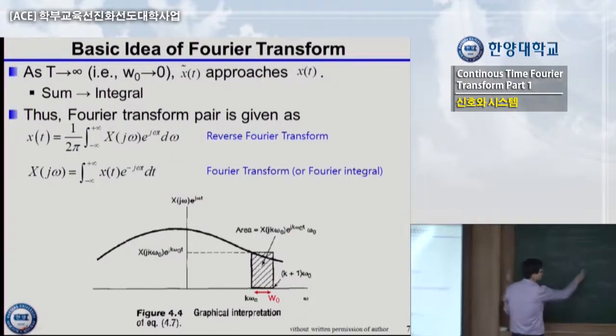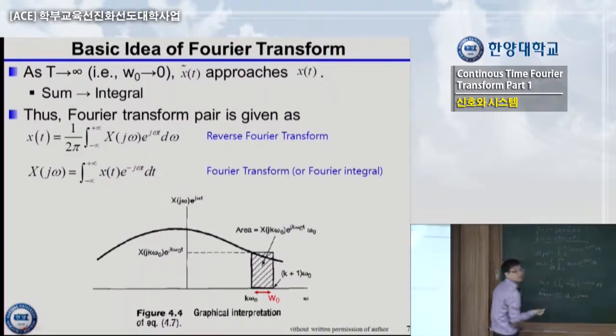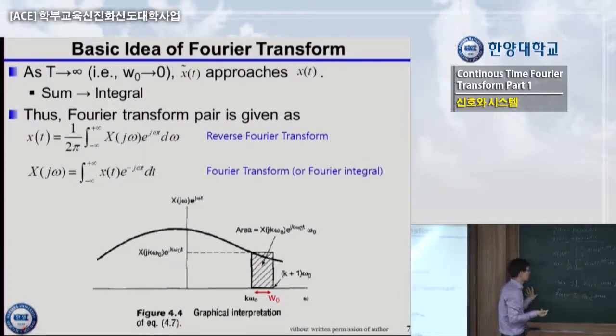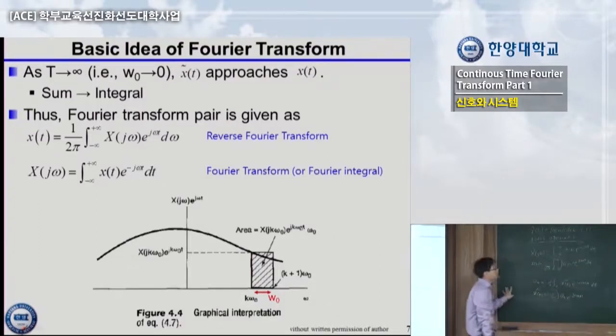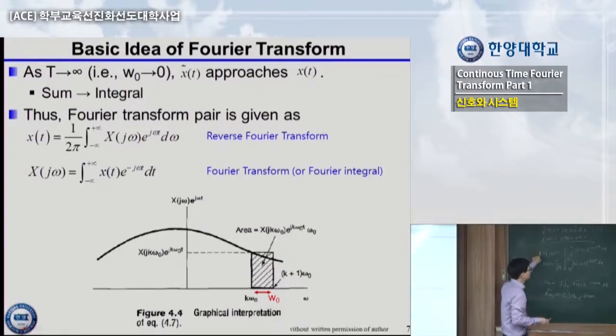If you want to get it, they usually have a plus. Both of them have plus in here. And you have learned that if you make k omega 0 to be omega, and as you make omega 0 infinitely small, this summation becomes integration. So you can think of them in this way. In case of a_k, which corresponds to the frequency domain signal, both of them have minus.